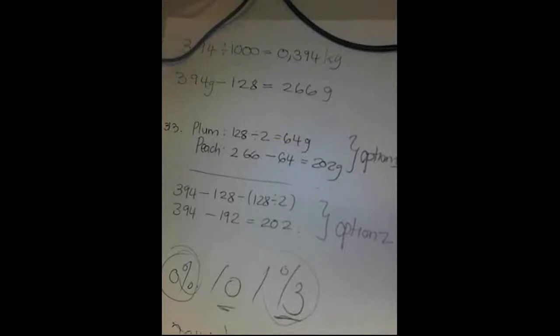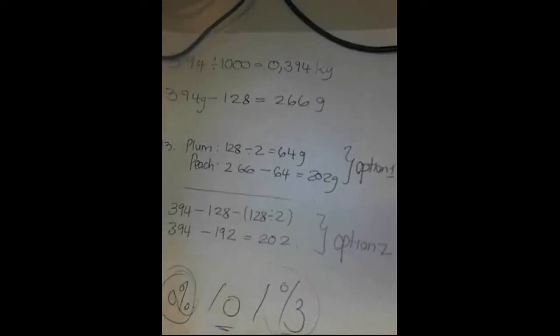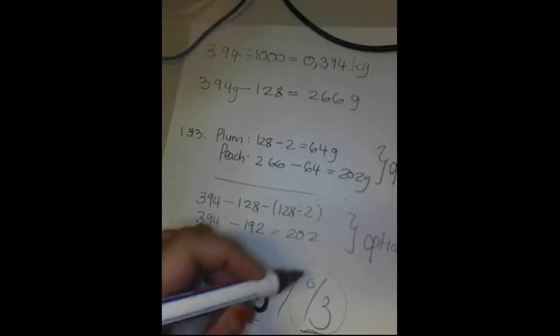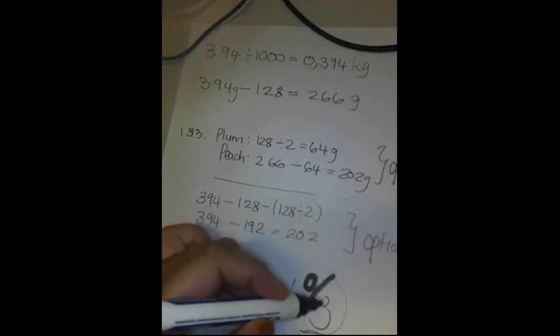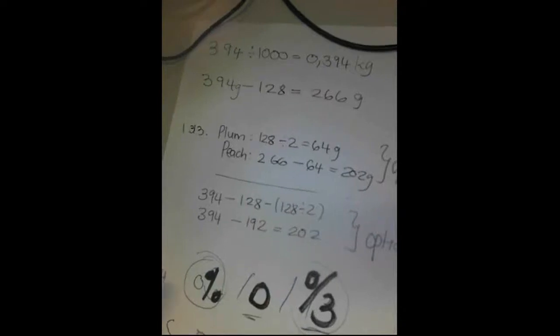So out of the 3 fruit, there is no banana. So whichever way you represent it is acceptable: either 0% in percentage, or 0 as is, or as a fraction, 0 out of 3. Perfect. Come, let's go on.